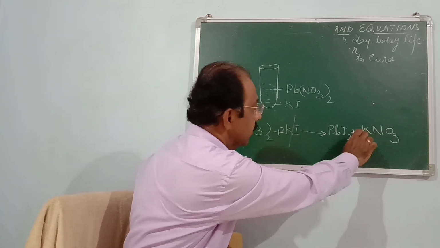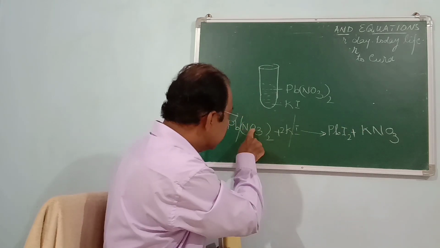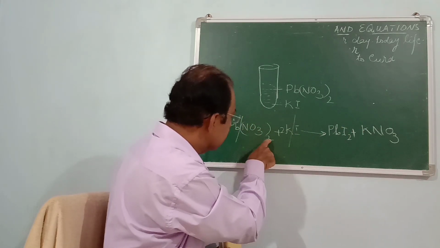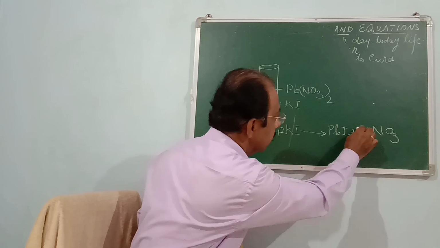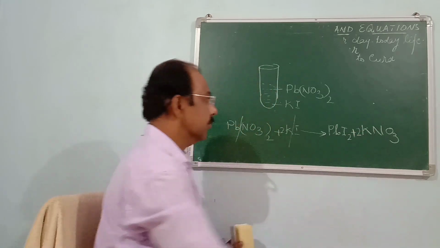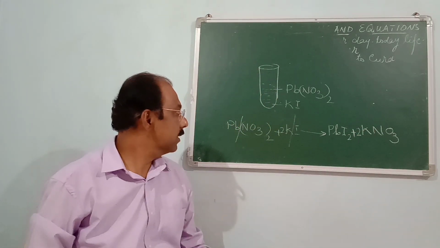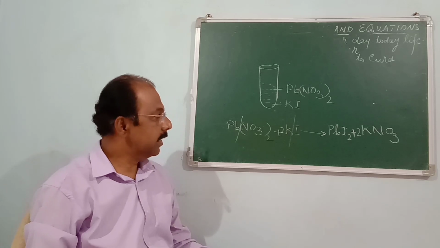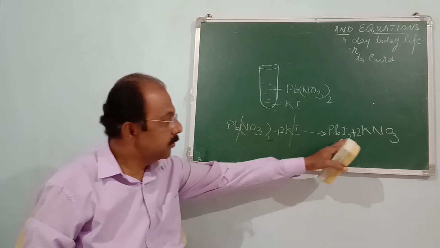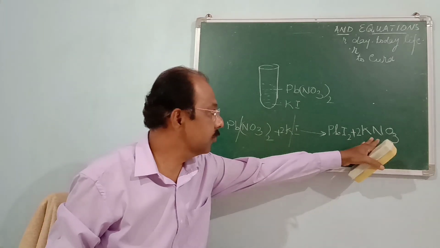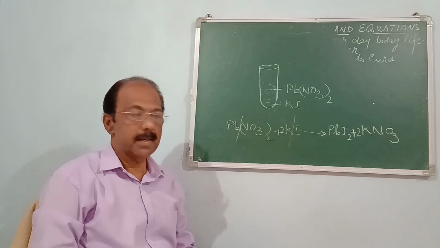And here also to balance this oxygen, here 3 2s are 6. And therefore here 2KNO3. So the equation is balanced. Pb(NO3)2 plus 2KI gives PbI2 plus 2KNO3, potassium nitrate.